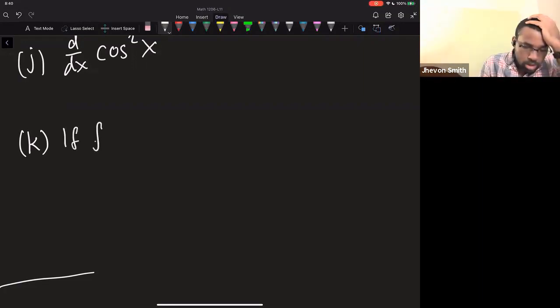If f of x equals the absolute value of x, compute f prime of 0.